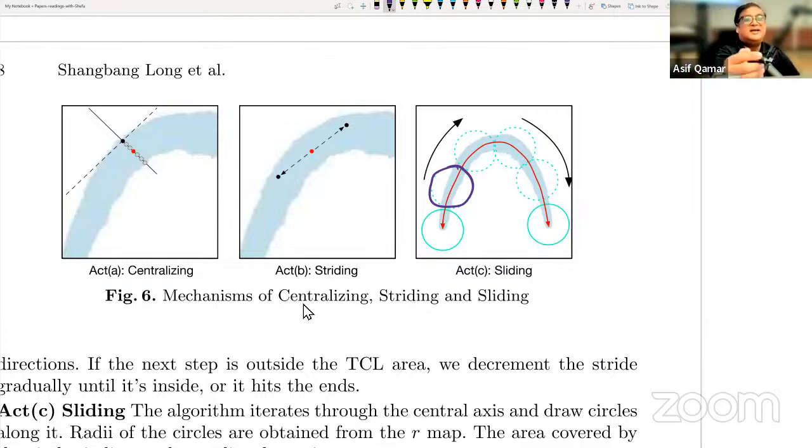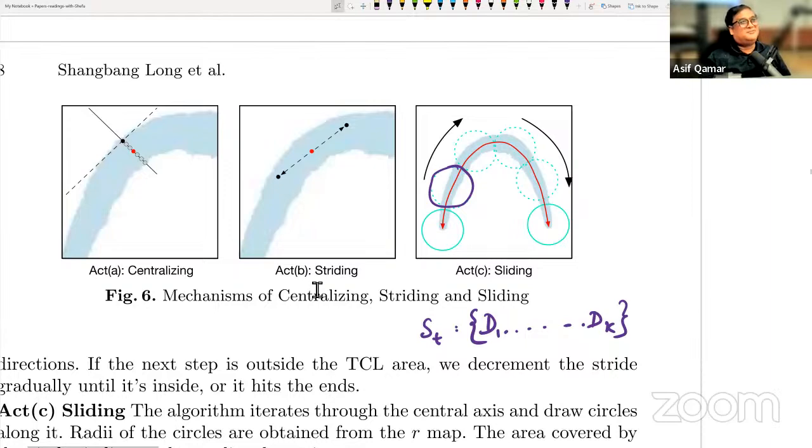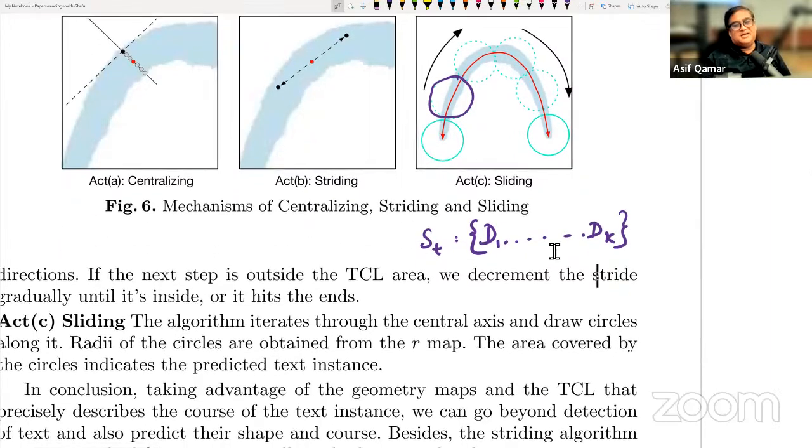So you can say that logically the text, whatever the text is, the sequence of text is nothing but these circles. Let me just call them disks, D1 to Dk. It is a set of disks. To read the text, or the sequence of tokens, is equivalent to reading what is inside the disks.